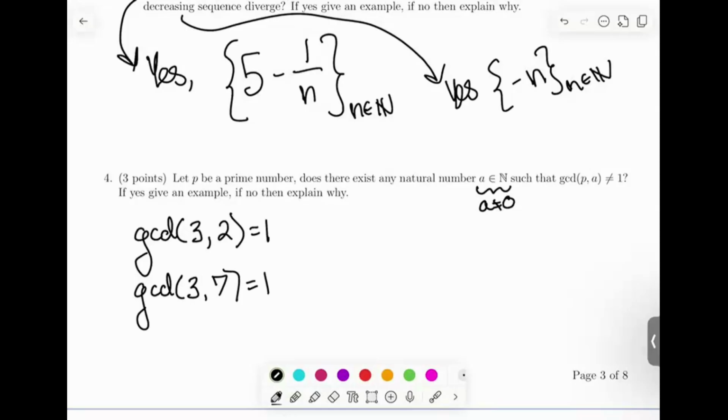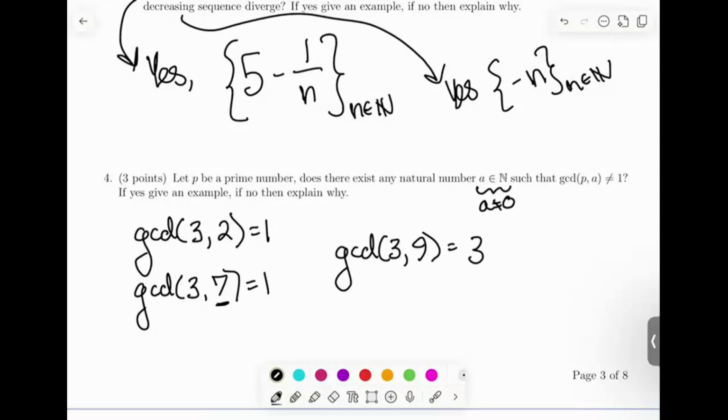But the trap you could fall into is thinking that it has to be something that divides into 3. You could do GCD of 3 and 9. I don't know why that took me a second to think of. Their greatest common divisor is 3 itself.